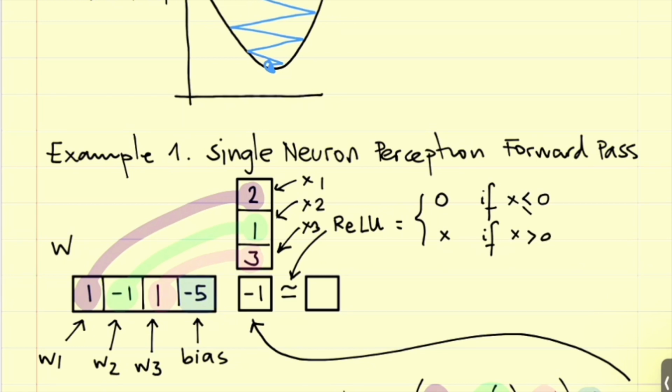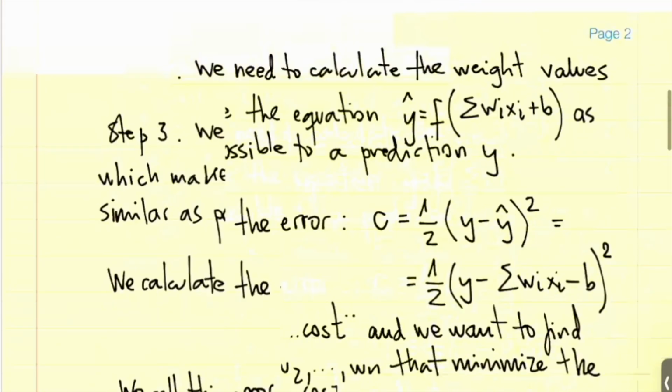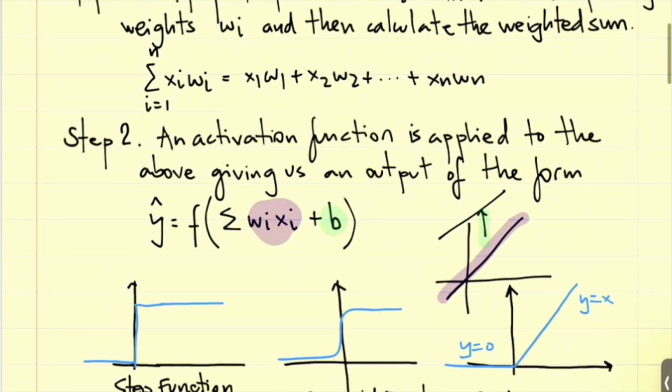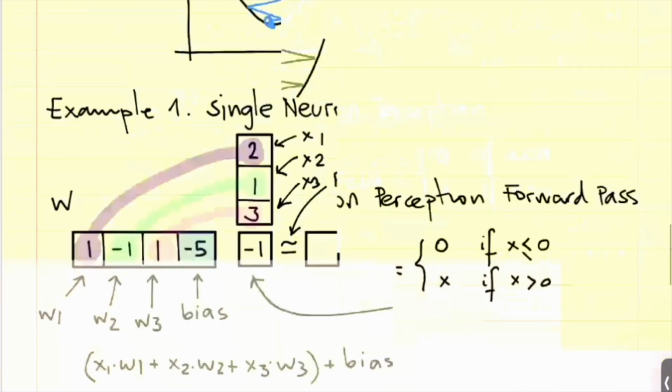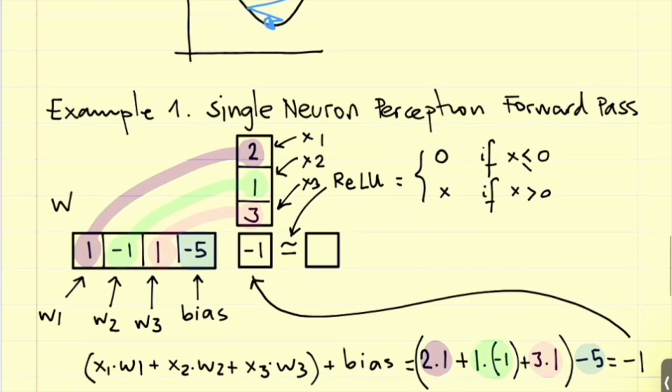Okay? This function, here, on the right. Because the number is minus 1, our result is 0. And this is the result. This is the feed forward or forward pass of our single perceptron neuron.